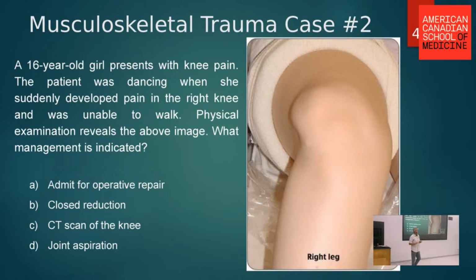You reduce this through extension, and with 2 hands, just with your thumbs, pushing the patella medially. And it goes right back, so easy. And the patient feels so good. I do these in the ER without even getting an x-ray, because the exam is so typical.